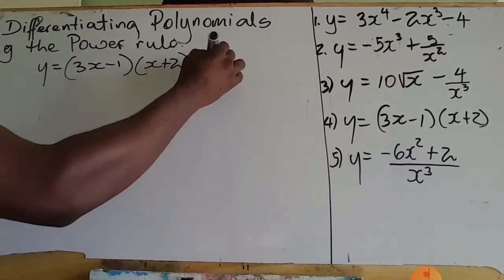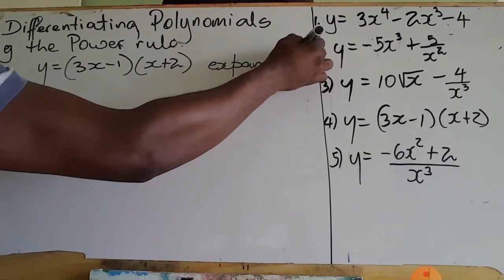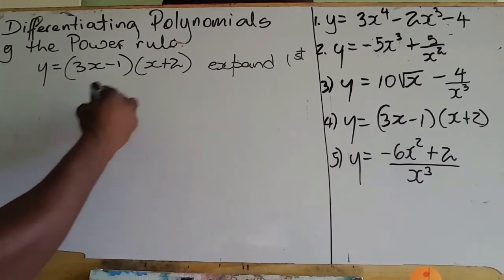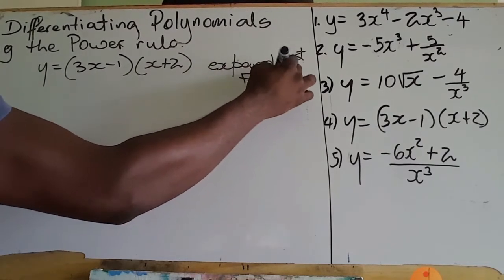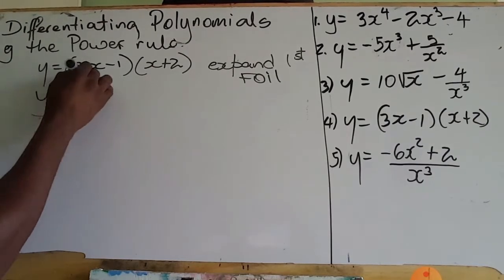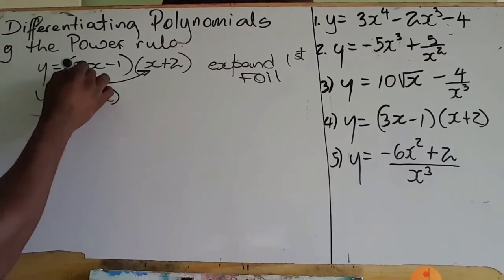So what we could do is to simply expand this. Whichever way you can expand it, if you want to FOIL it out, if you want to use your regular method, it's okay. The main thing is we're going to multiply this bracket by the next bracket. So I'll apply the FOIL.